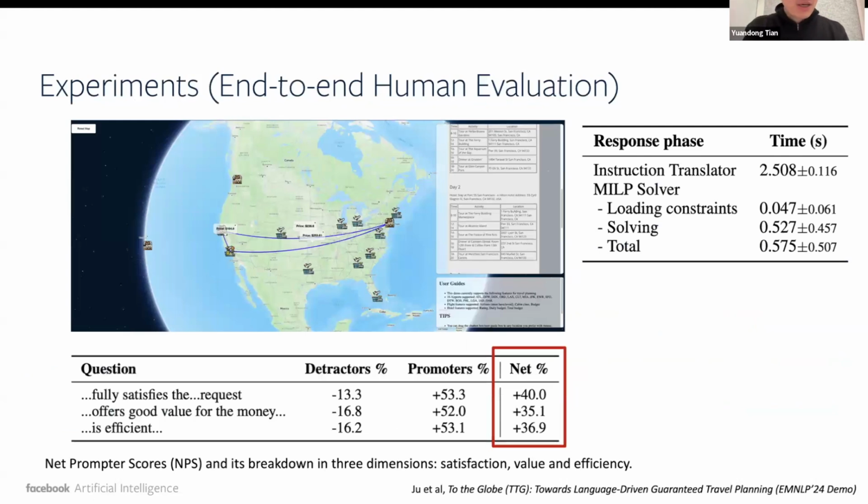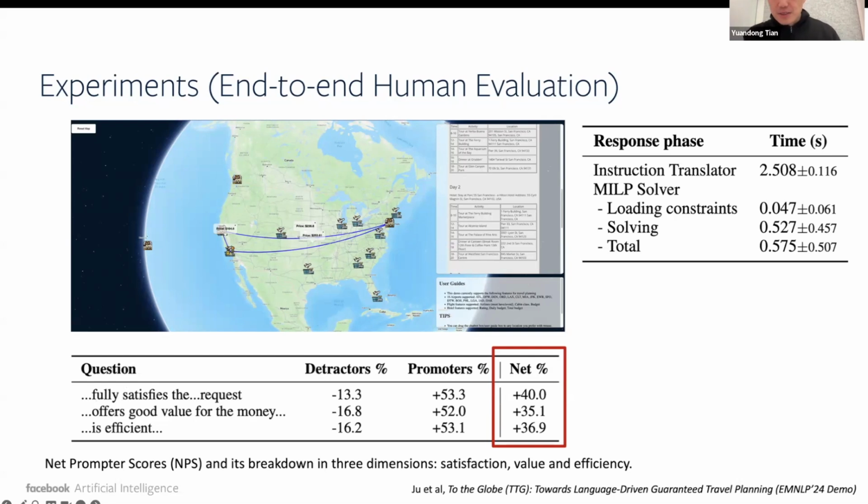We actually built a demo for these results, and we also did a human study, and we got very positive scores compared to the baseline systems. The humans were asked whether the system can fully satisfy the request, whether the system offers good value for the money, and whether the system is efficient, and we got pretty positive responses.